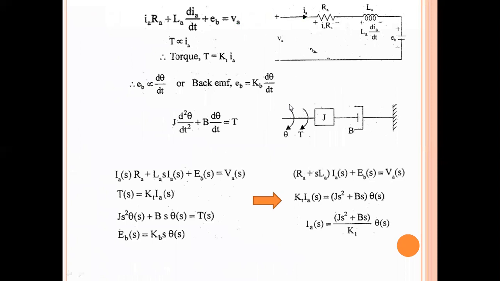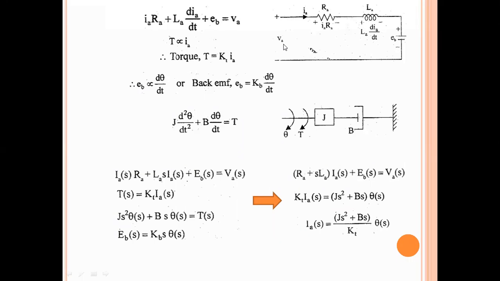Right? So first, from this armature equivalent circuit diagram, simply apply Kirchhoff's voltage law, which is KVL, and write the equation. What is Kirchhoff's voltage law? The algebraic sum of applied voltages must be equal to the algebraic sum of voltage drops. Here the applied voltage is VA only, which is the armature voltage.